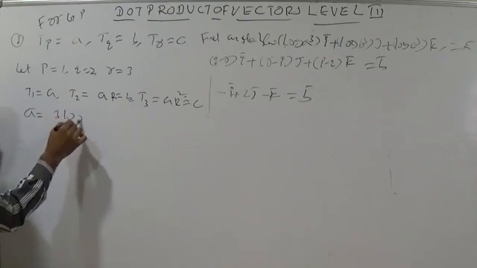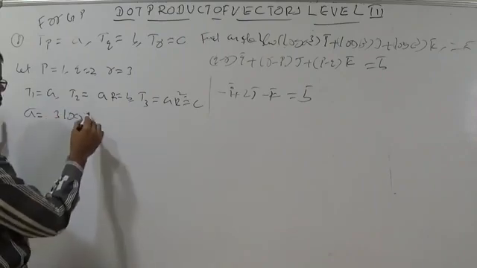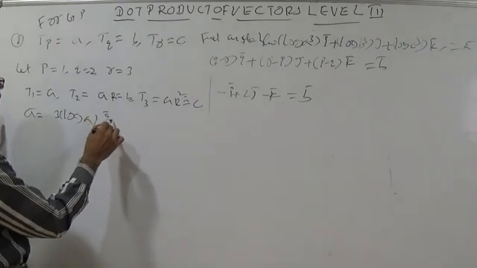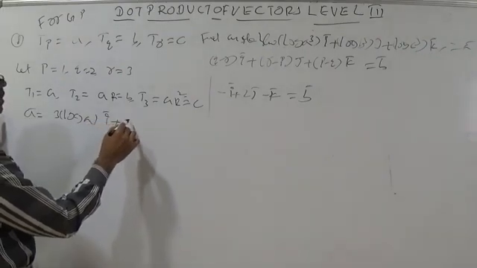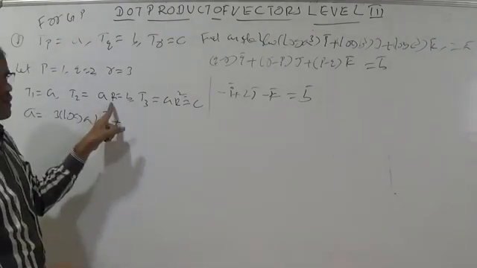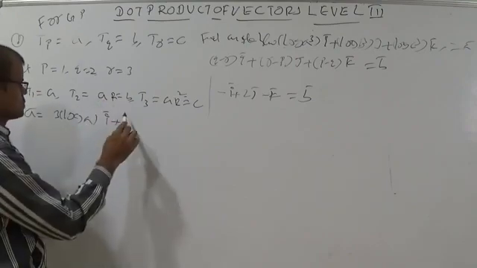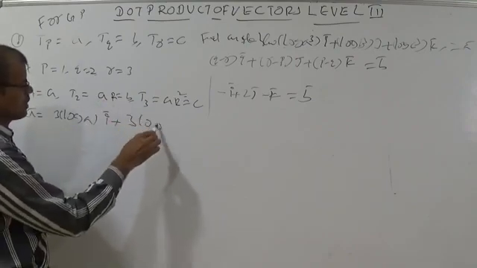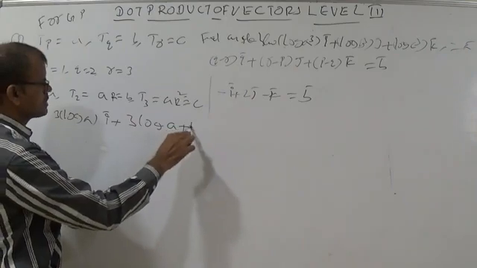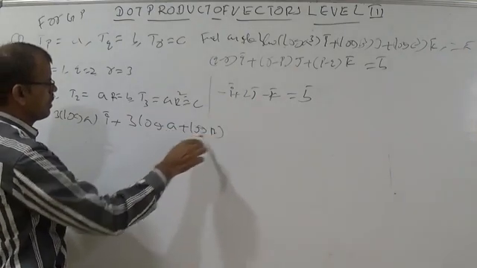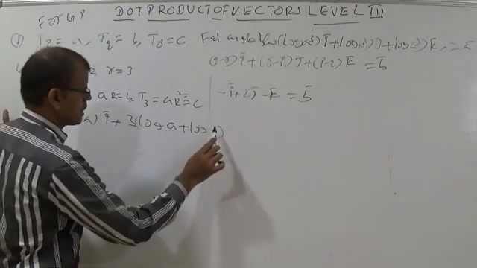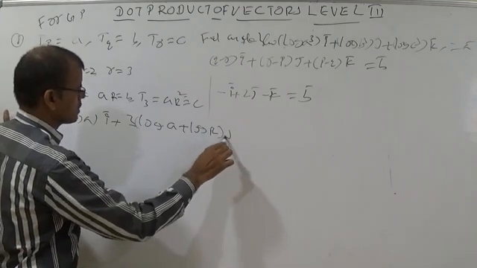You can write 3 log A into i bar plus log B cube. What is the value of B here? Log AR. So 3 into log A plus log R, because the formula for log AB is log A plus log B, into j.